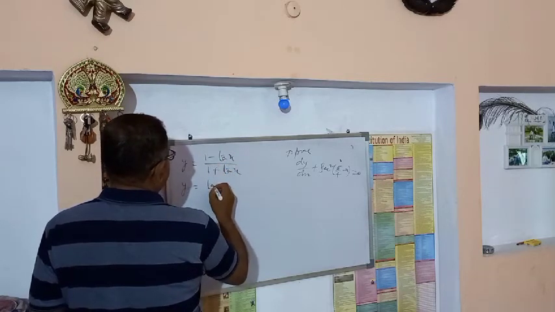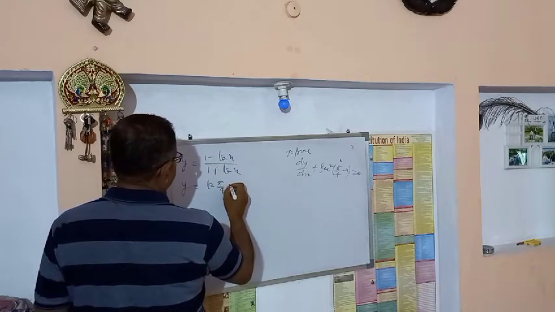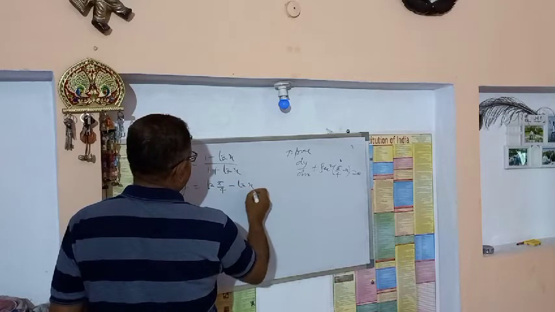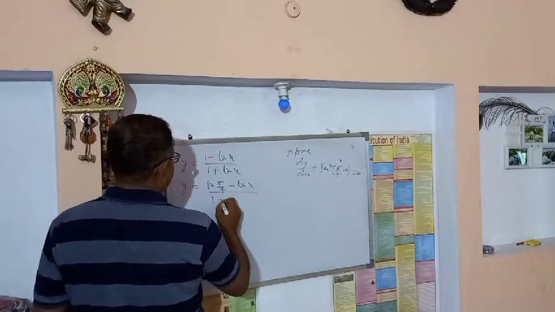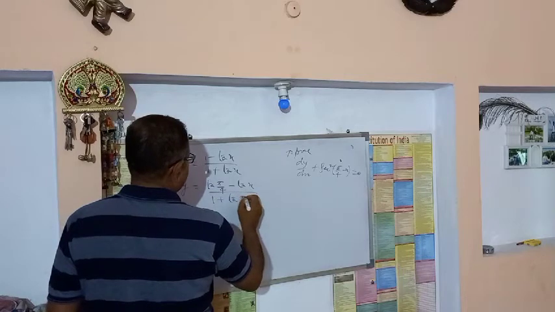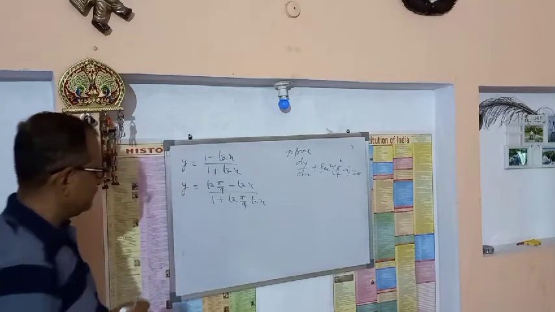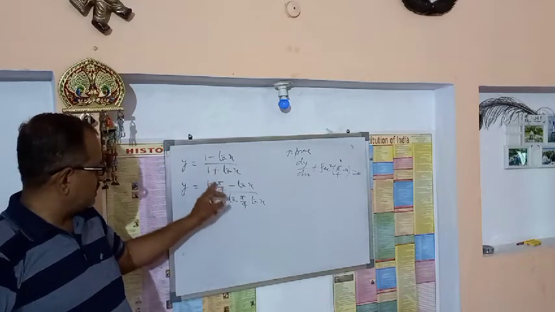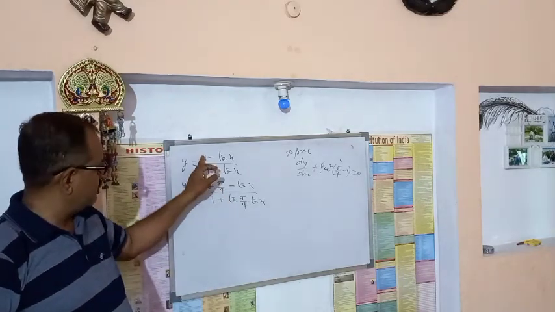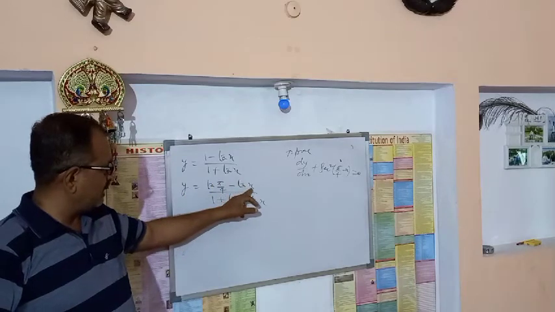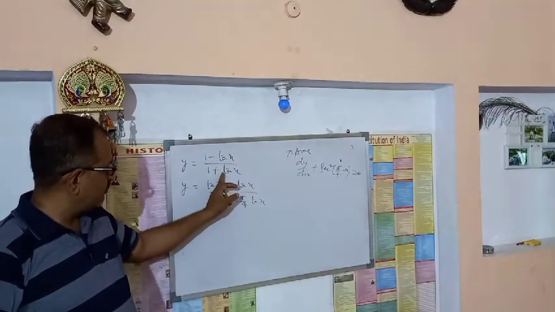One can be written tan pi by 4. Minus tan x upon 1 plus tan pi by 4 into tan x. We know that tan pi by 4 value is 1. So in place of 1, write tan pi by 4 minus tan x upon 1 plus 1 into tan x.